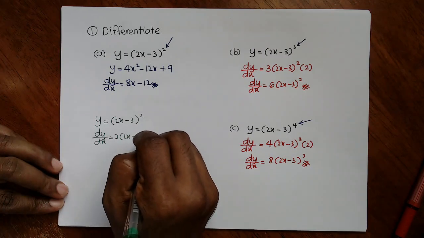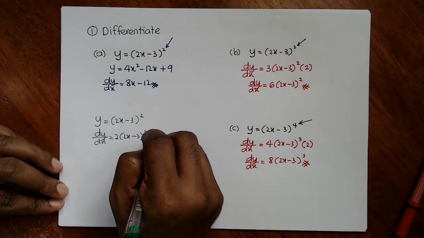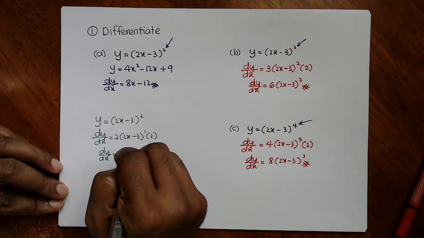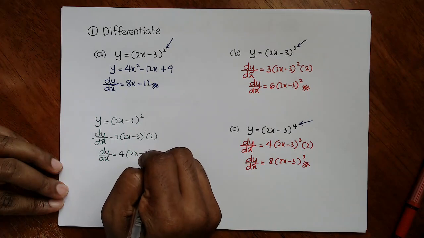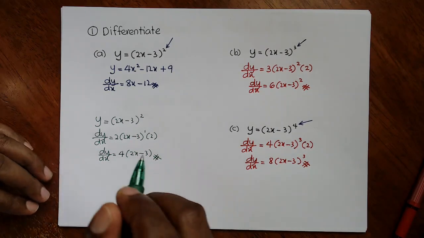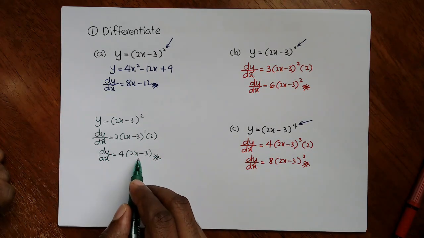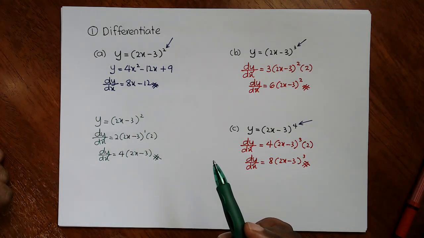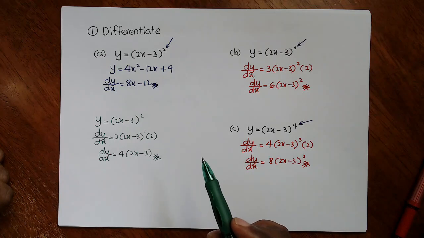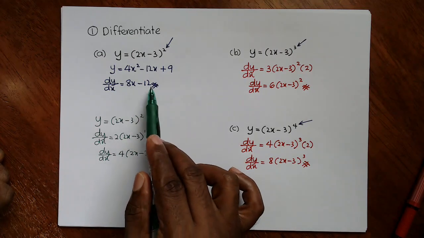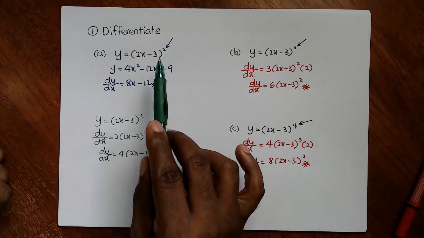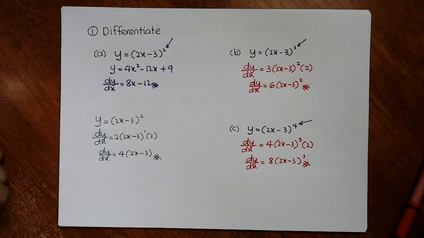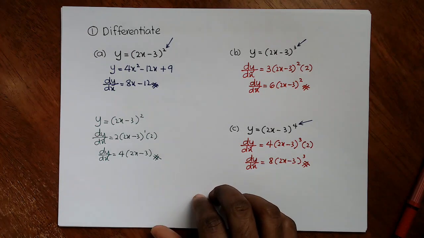And you get dy/dx equals to 4 in bracket (2x minus 3) to the power of 1, and if you notice, you times the 2 inside, you're gonna get 8x minus 12, same answer, right? So it shows that bracket method works, right? Because we got the same answer with this one where we expanded it. So bracket method works, guys. So if you cannot expand, you have to use the bracket method. Let's look at more examples.